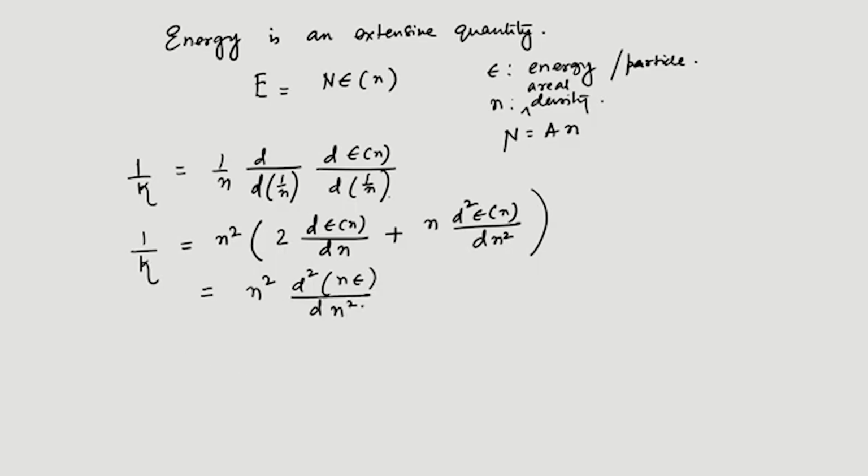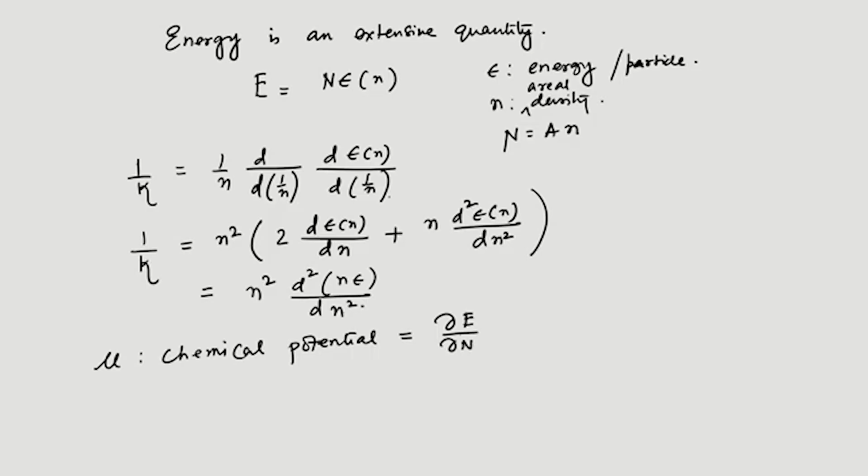Now going back to the chemical potential, mu, this has a definition of mu equal to del E del N. That is, if you change the number of particles, how does the energy respond to it?